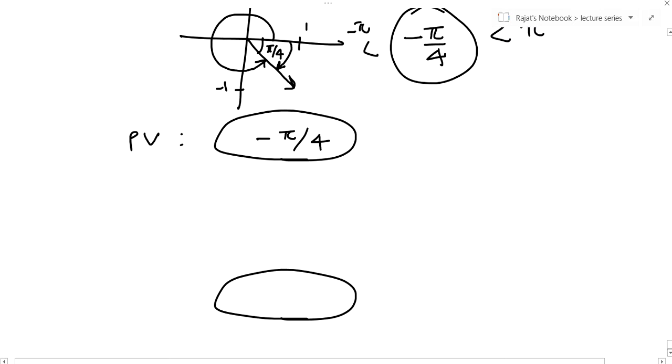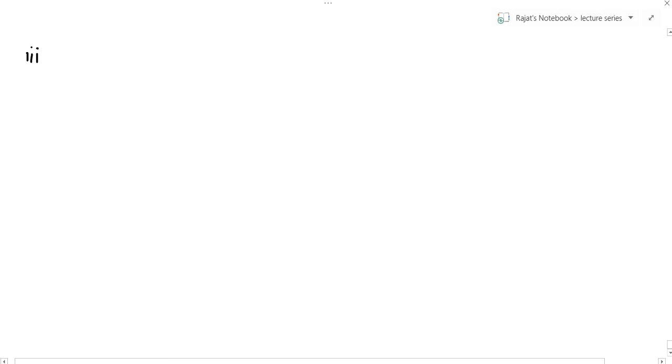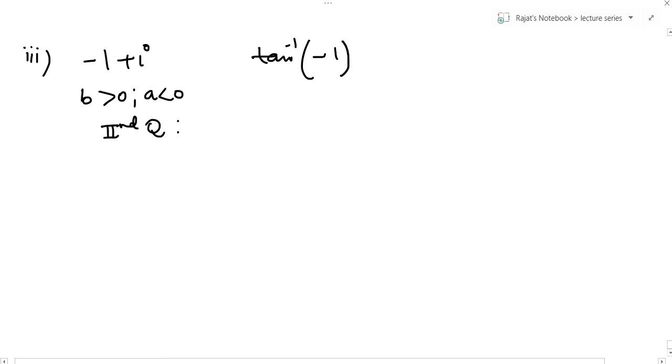Okay, let's take another, third example: minus 1 plus i. Now b is positive, a is negative. So this lies in the second quadrant. If you solve, you will get tan inverse of minus 1 again. So you can have two values, 3 pi by 4 and 7 pi by 4.